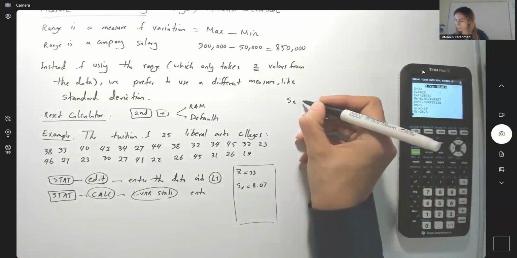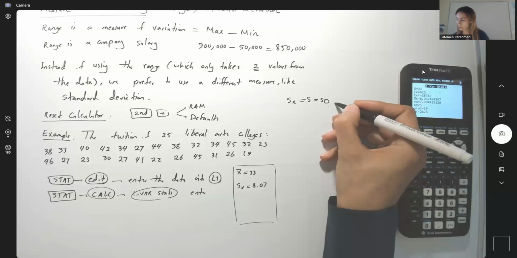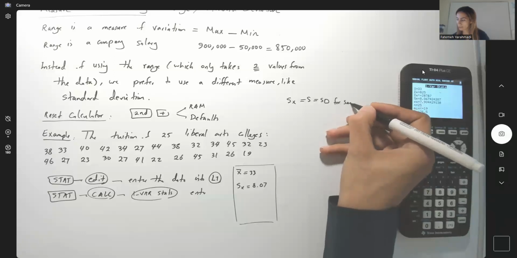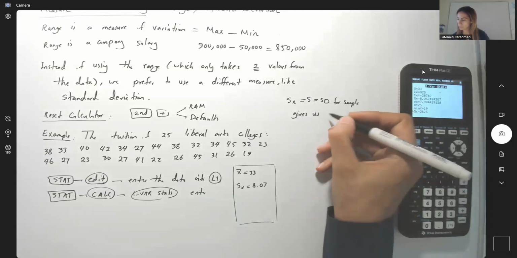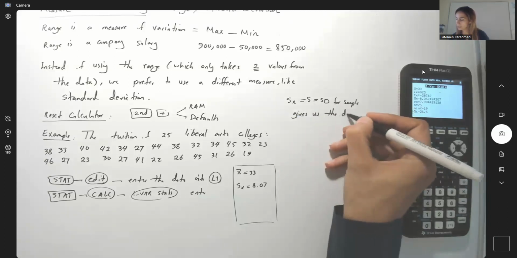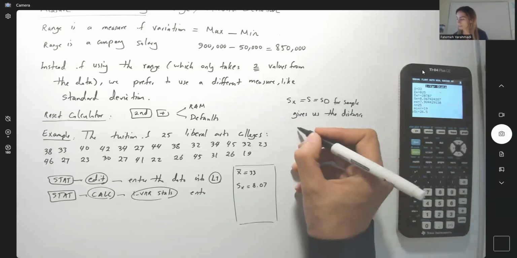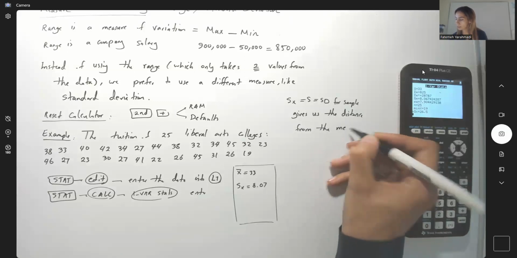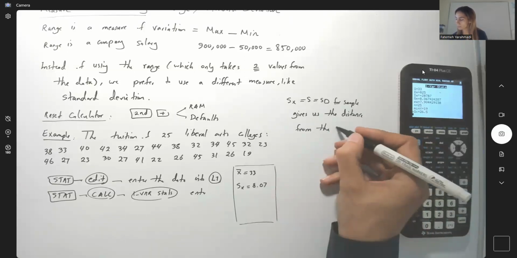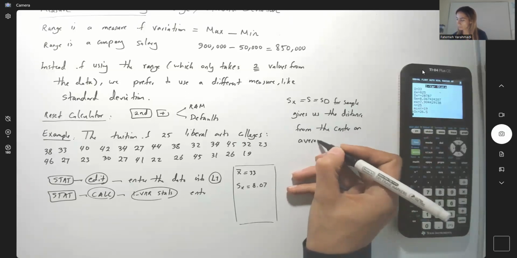S sub X, or S, the sample standard deviation, gives us the average distance from the mean, or from the center, on average.